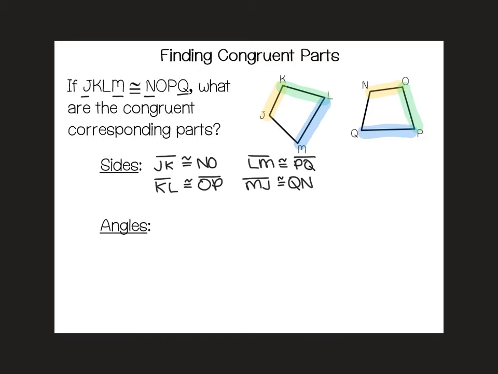Then I want to list the corresponding angles. So remember, we're just going to name these angles with one letter. So if I look at my congruency statement again, I'm just going to go directly in order.